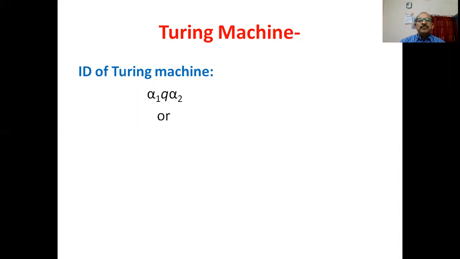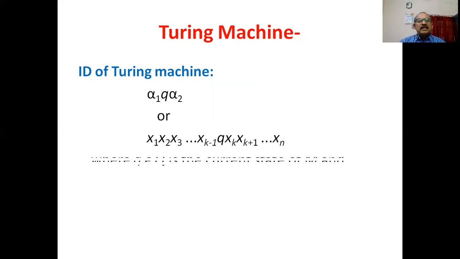This is one representation: alpha 1, Q, alpha 2, or we can say x1, x2, x3 to xk minus 1, followed by Q, and followed by xk plus 1 to xn, where alpha 1 is x1, x2, x3 to xk minus 1, and alpha 2 is xk plus 1 to xn, and Q is the current state of the Turing machine.